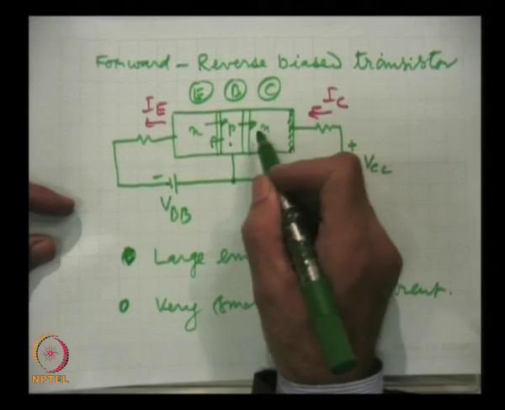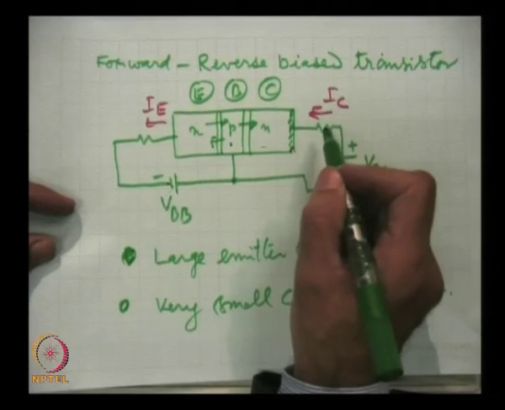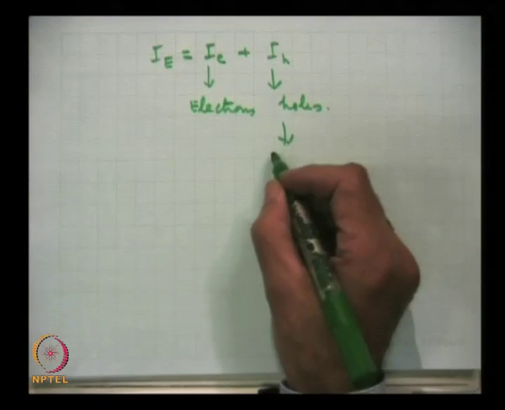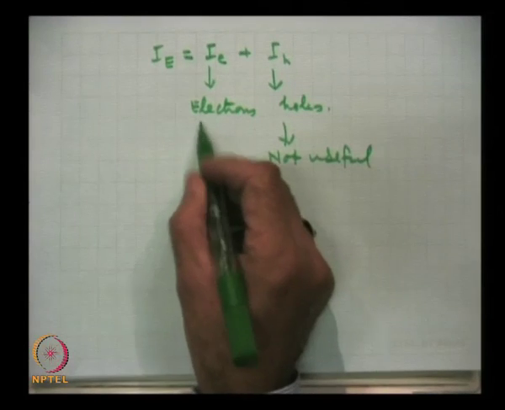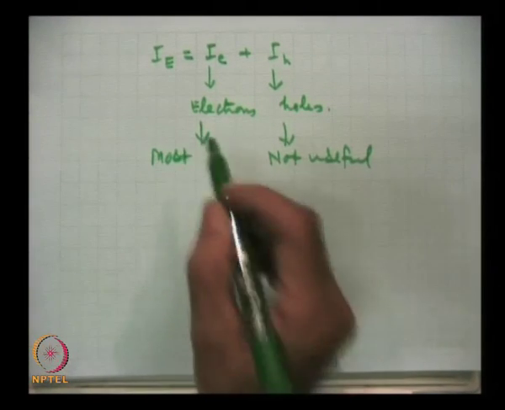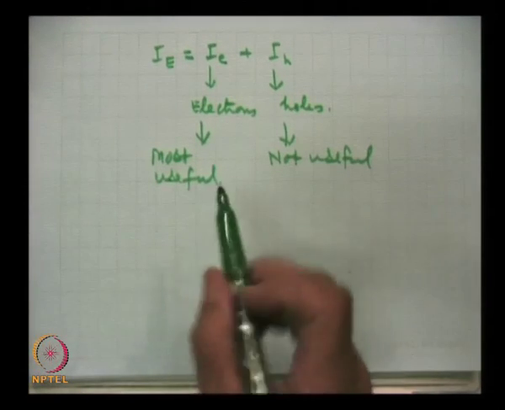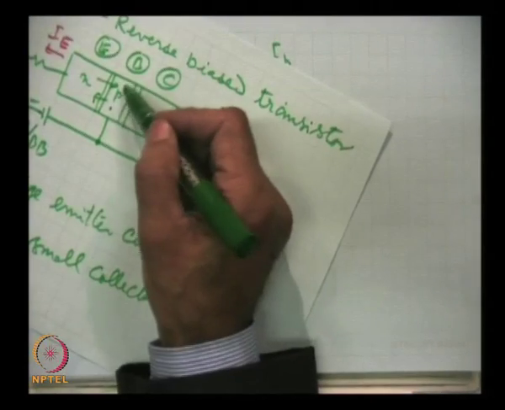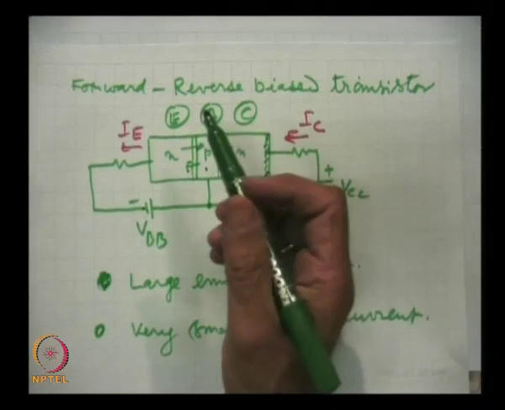There is no contribution of the hole current in the useful current which is being collected as I C. So, the hole component is not useful, the electron component is most useful. But this cannot be made 0, because if the base is not there, the junctions will not be formed, and the transistor action which we have been talking about will not occur.